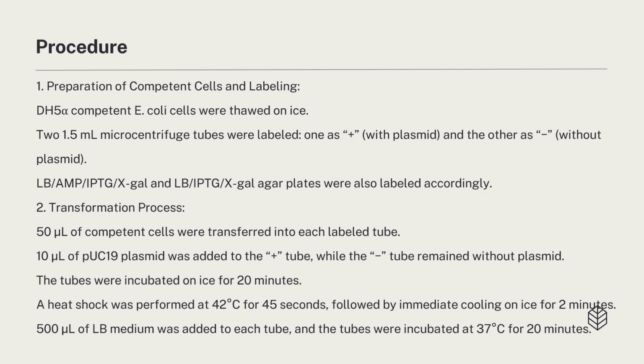Next, I'm going to introduce the procedure of my experiment. So in the preparation phase, DH5 alpha competent E. coli cells were thawed on ice, and two 1.5 milliliter microcentrifuge tubes were labeled, one as plus for cells with plasmid, and the other as minus for cells without plasmid.